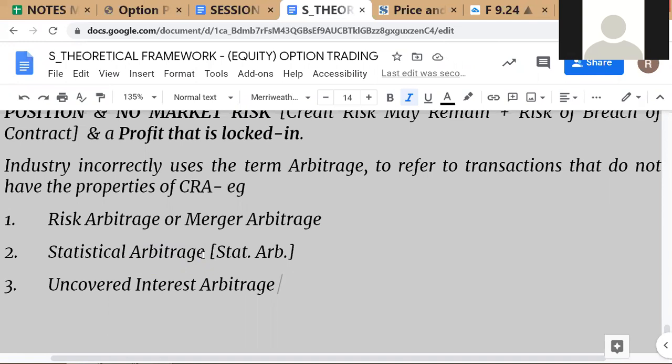So uncovered interest arbitrage is also, okay, this is actually an FX market strategy. I'm using FX as a short form for currencies. So this is only used in one asset class, which is currencies.